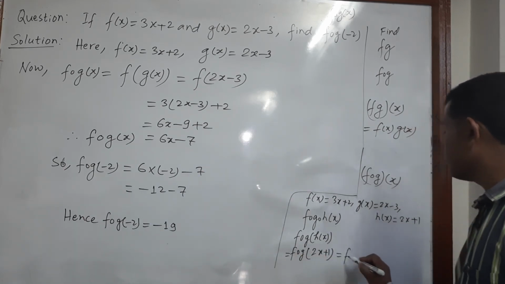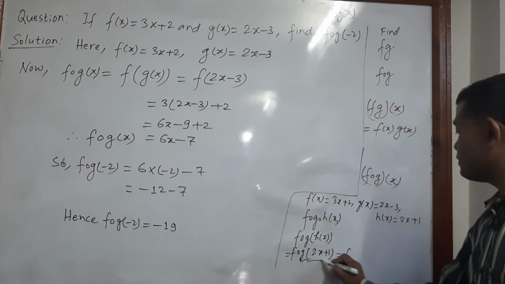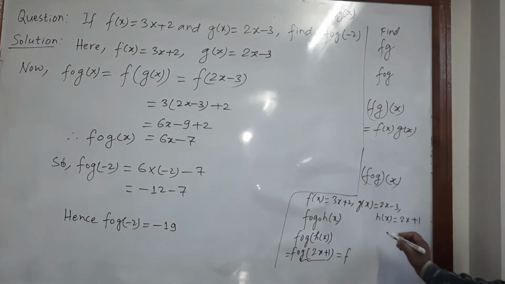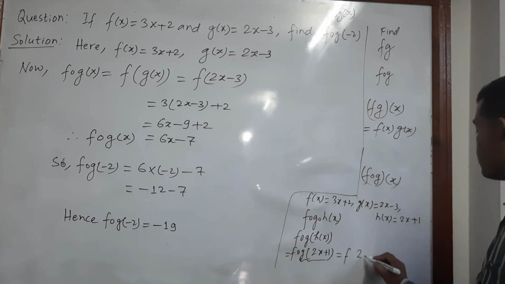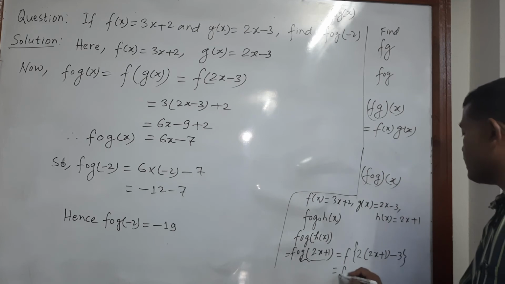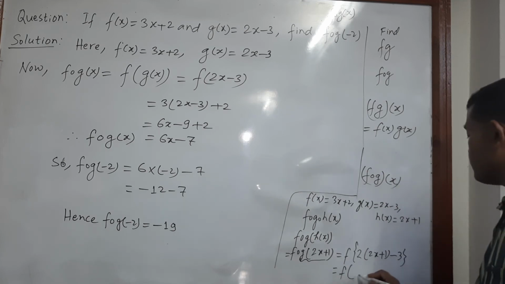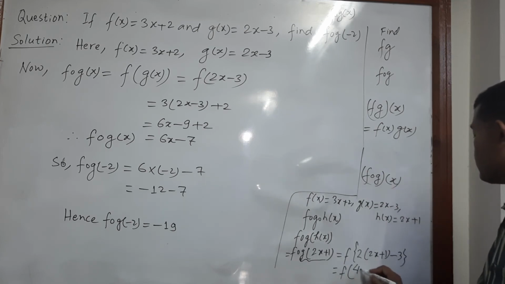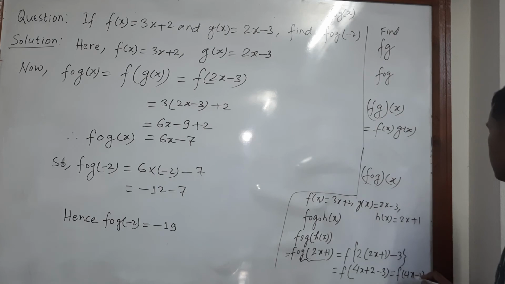So g of 2x plus 1 will be 2 times (2x plus 1) minus 3, which is 4x plus 2 minus 3, so f of 4x minus 1.